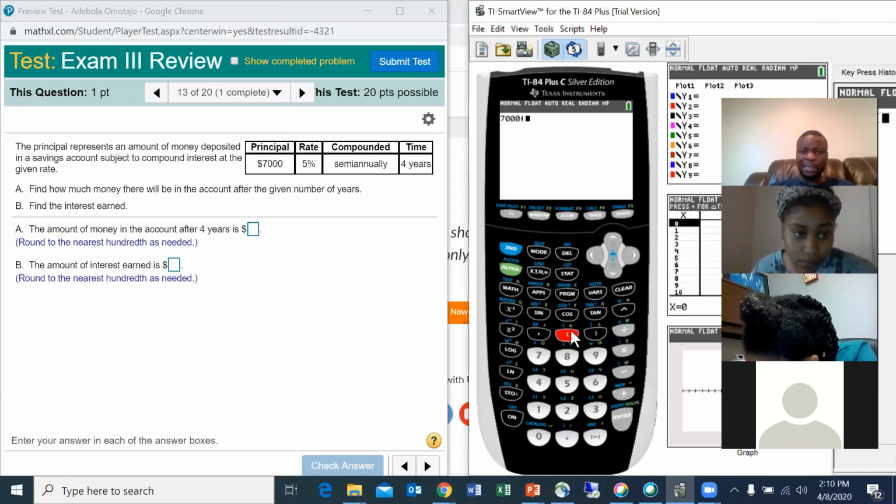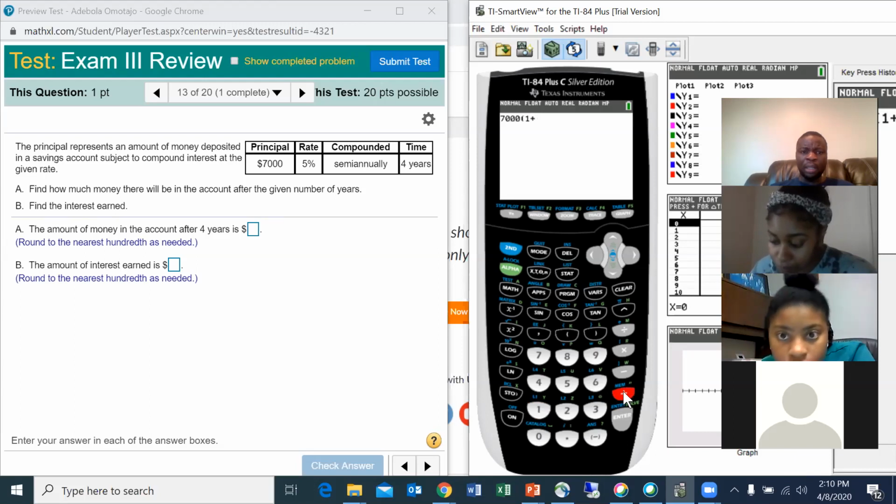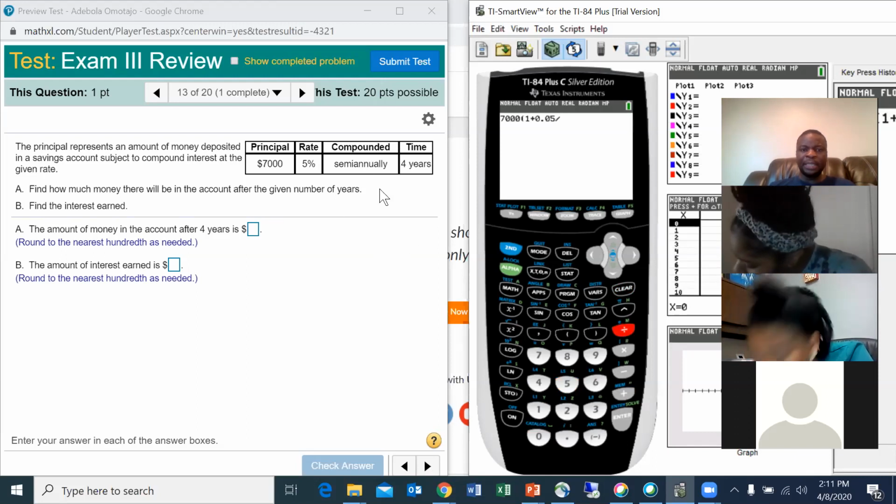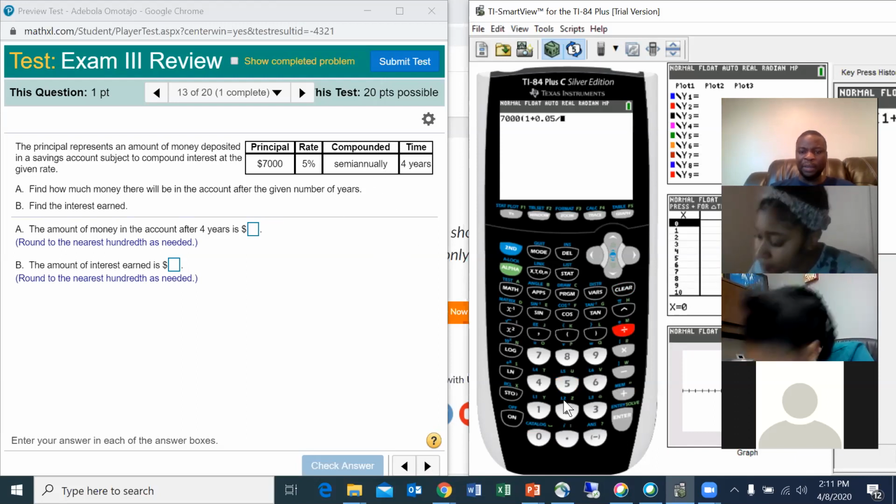Then you open the parentheses. You type 1 plus R. R is 5%, so in decimal that is 0.05, divided by N. N in this case is 2 because this is semi-annually, so you divide by 2. Then you close parentheses.